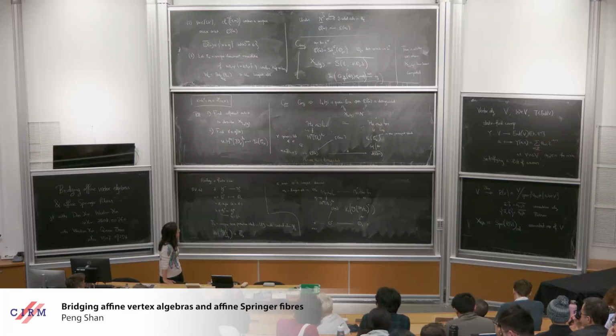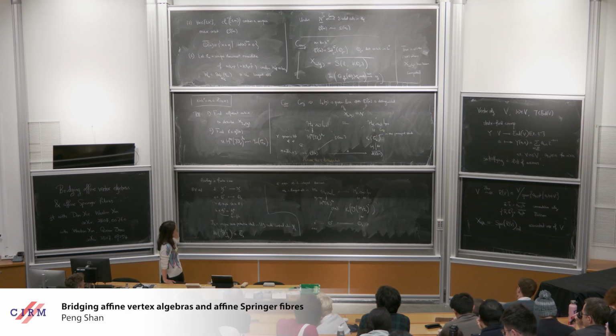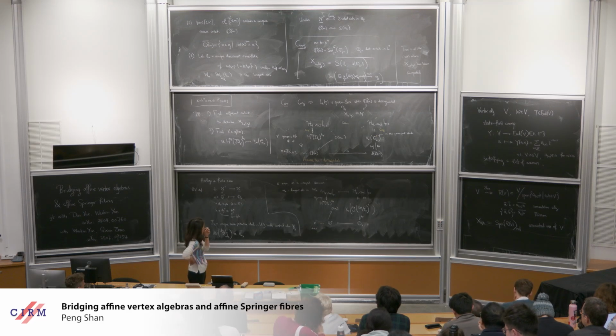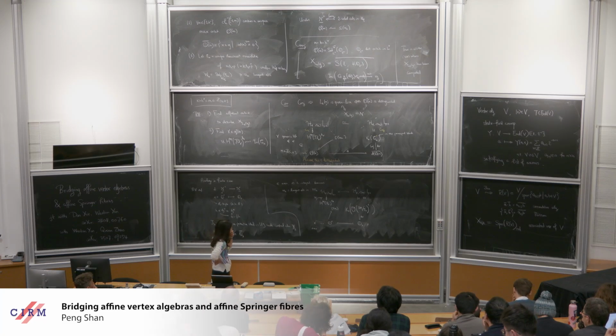In these more general cases, is there a more explicit description of this two-sided cell, or this nilpotent element?